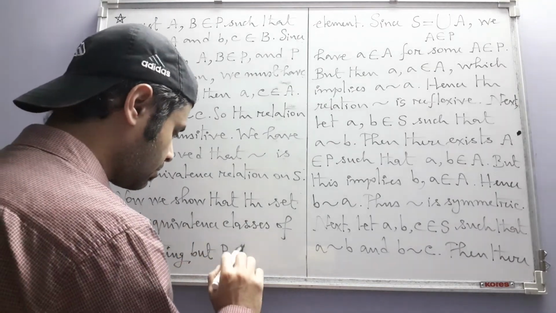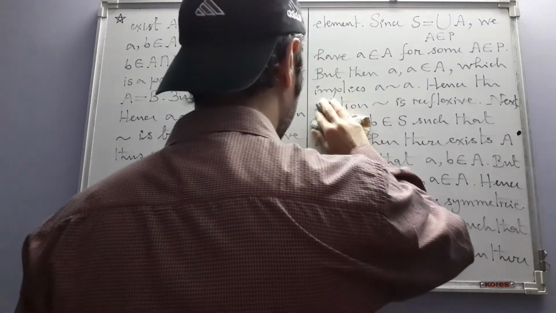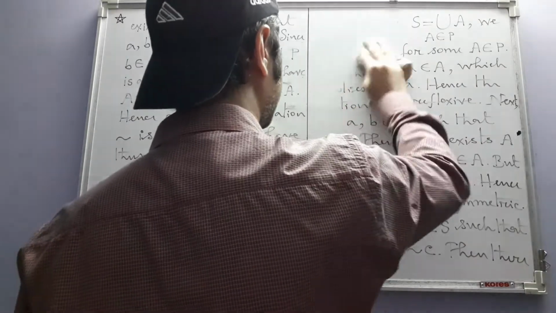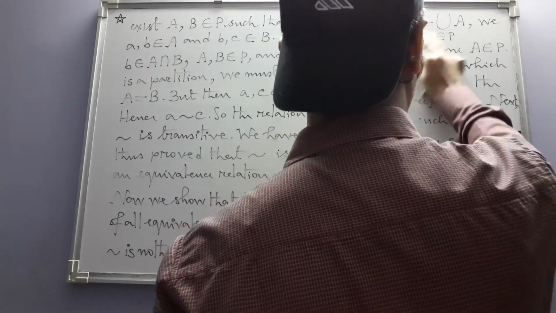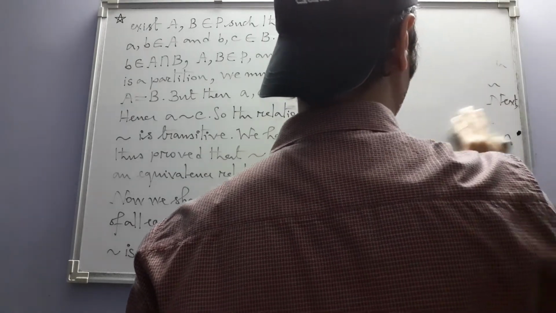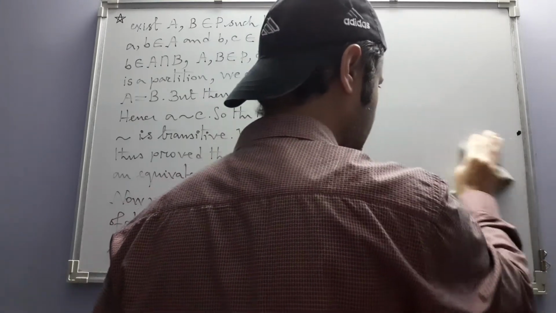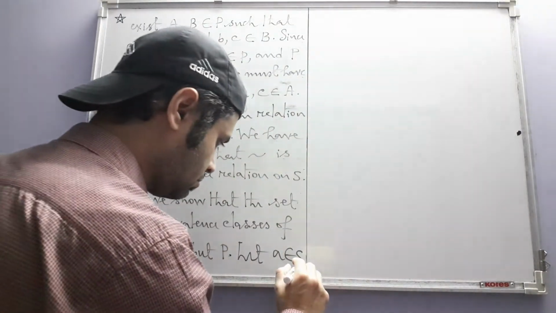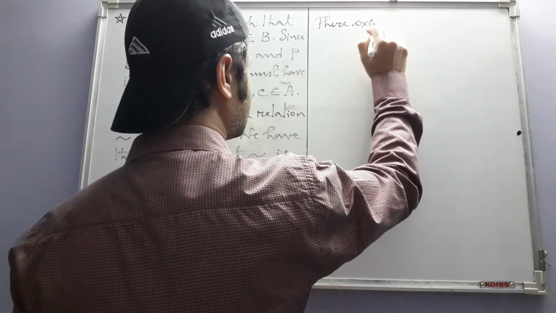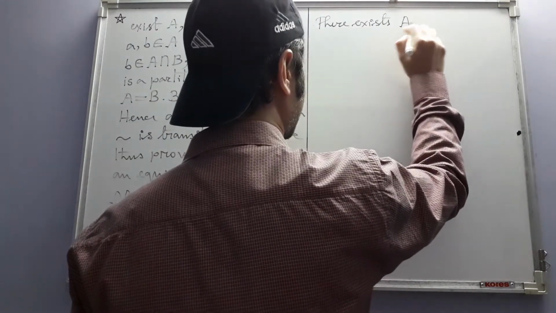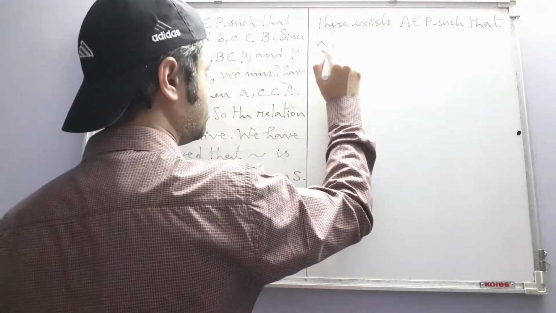So let's start. Let A be any element in S, so that we can consider the equivalence class containing A. There exists a set A in the partition such that our element belongs to that set.